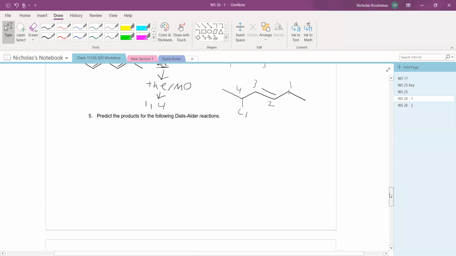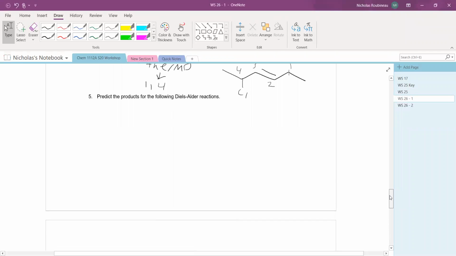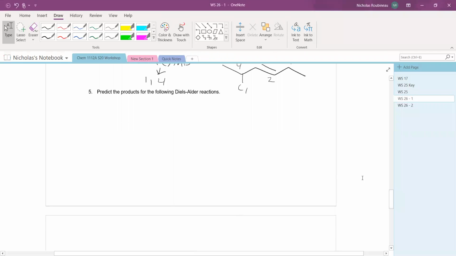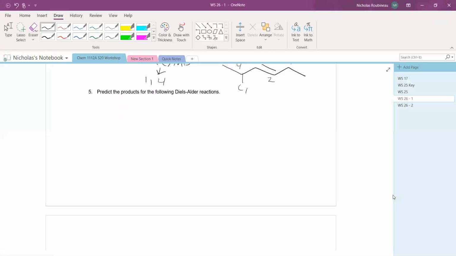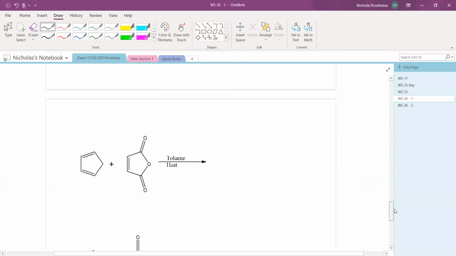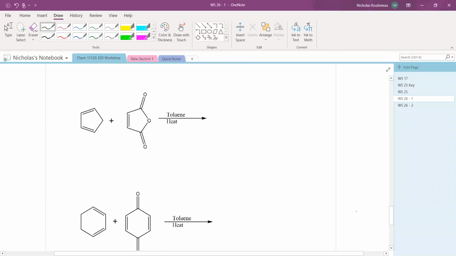All right. So number 5, we're looking at Diels-Alder reactions. Sorry, I was trying to make that go away. I guess that's not going to. So when you're doing a Diels-Alder reaction, you want to have a diene, a conjugated diene, which is what we've been looking at today.